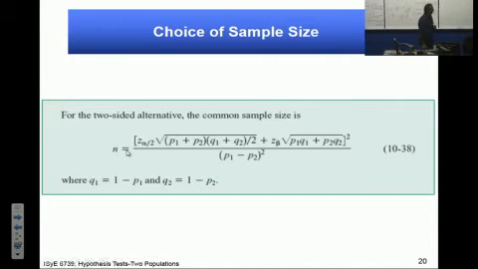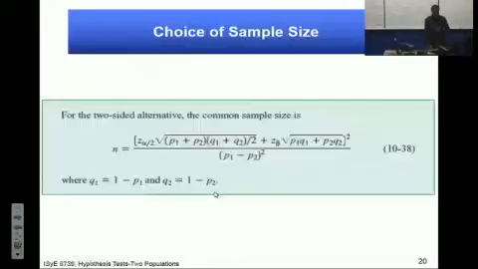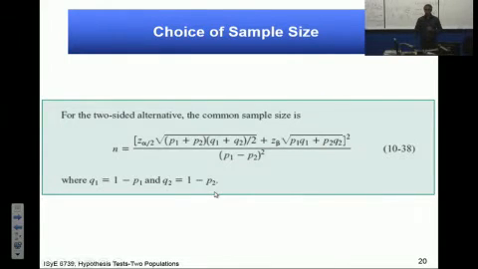And again, Q1 is the probability of failure for the first population, and Q2 is the probability of failure for the second population. Okay? Any questions? You good? Okay.